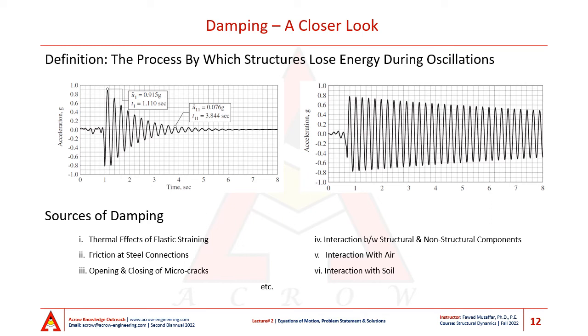Whenever we strain a material, there is a finite amount of thermal output as a result of it, and that is the energy that is wasted due to the straining of the element. And when structures are vibrating, all of the elements are straining, and there is wastage of this energy. So one of the sources of damping is thermal effects of elastic straining.